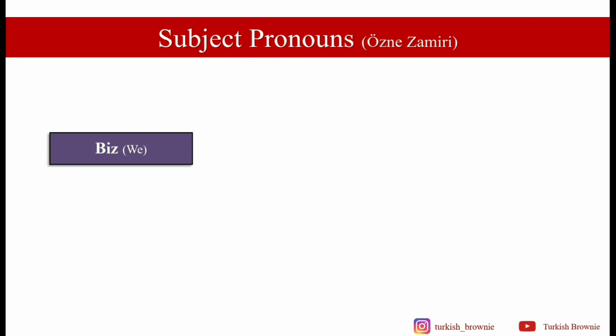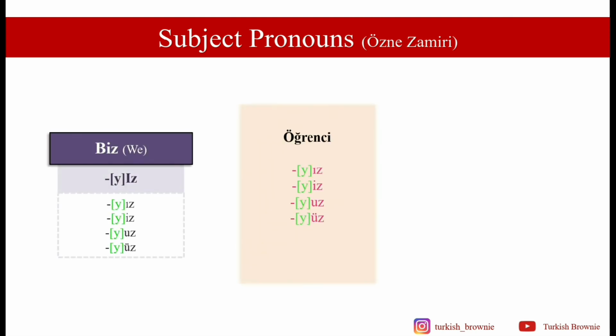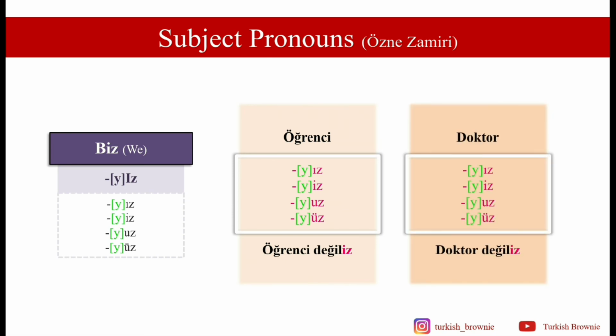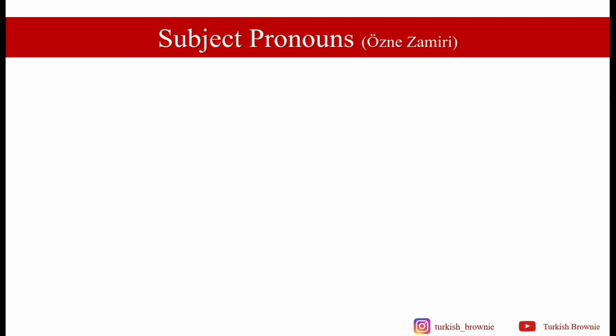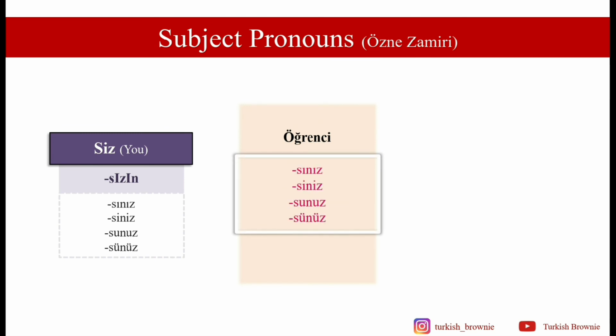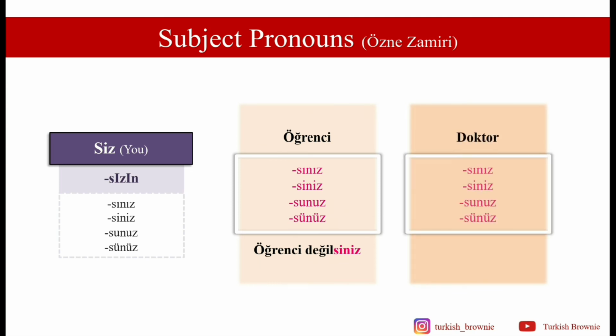For biz, öğrenci değiliz. Öğrenci değiliz. Doktor değiliz. We are not doctors. For siz, which is the plural form, the options, öğrenci değilsiniz. You are not students. Doktor değilsiniz.